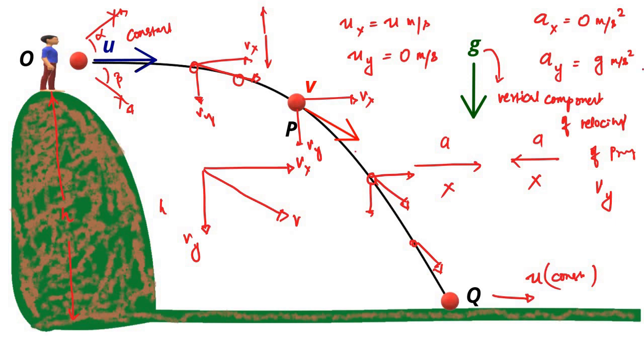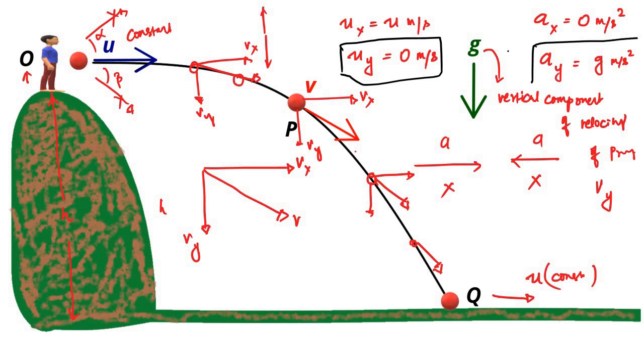But the y component, which is initially 0 at point O, as we have specified here, starts increasing as the motion goes on. And it is because of g. ay is equal to g.